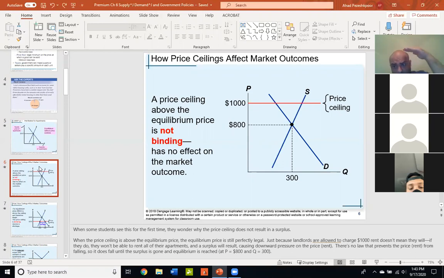So there is a price ceiling of $1,000, meaning that no landlord can increase his monthly rent more than $1,000. But then landlords say, fine. Why? Because it doesn't matter. The equilibrium price is already lower.